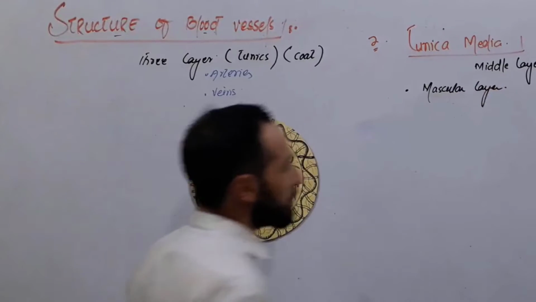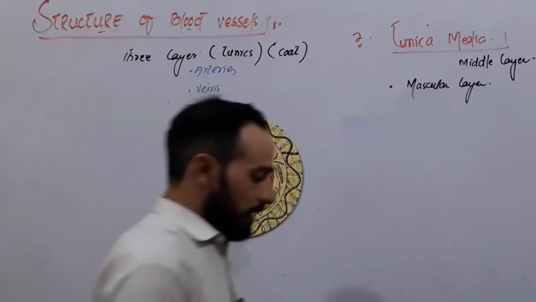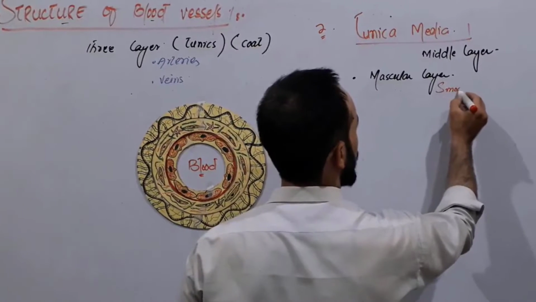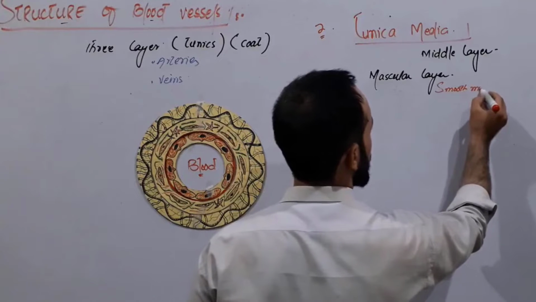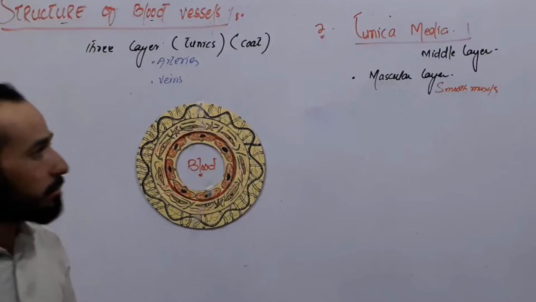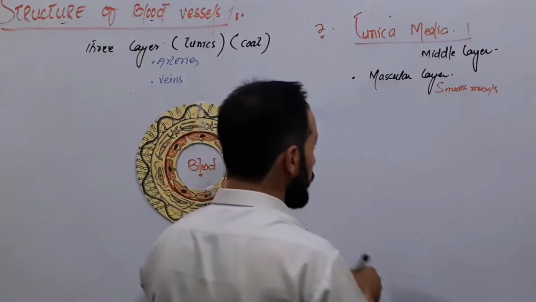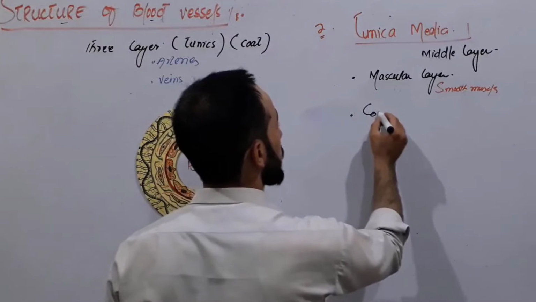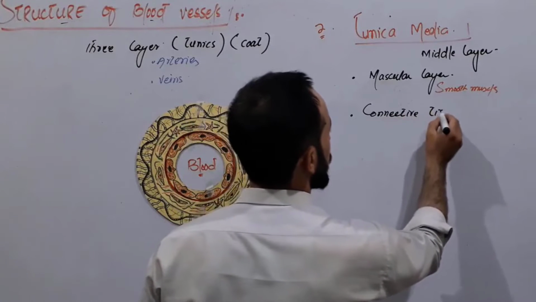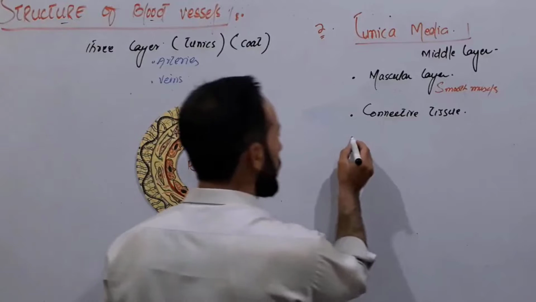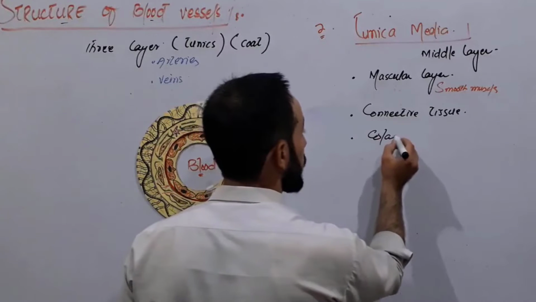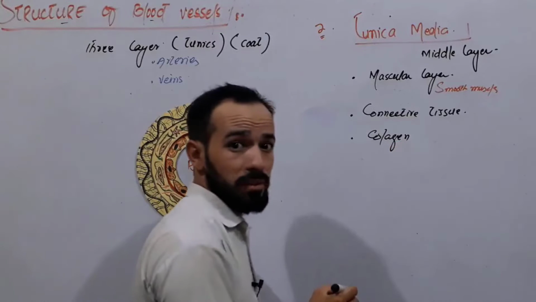Okay. So it means that this layer has smooth muscles, a lot of smooth muscles. That's why we say that this layer is a muscular layer, and this muscular layer also has some connective tissue in between, and some collagen fibers surrounding these muscles.